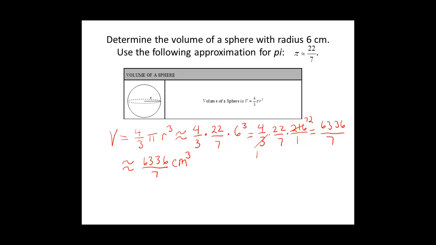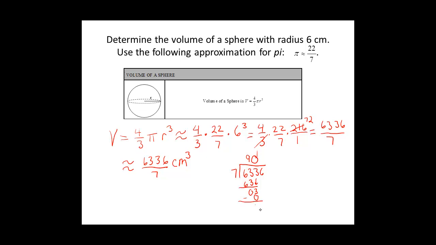This is the approximation as an improper fraction, but we can change this to a mixed number by putting the top number inside the division symbol and the denominator outside. We will look at 7 dividing 63. 7 divides 63 9 times. We subtract and get 0. We'll bring down the 3. 7 divides 3 0 times. 0 times 7 is 0.